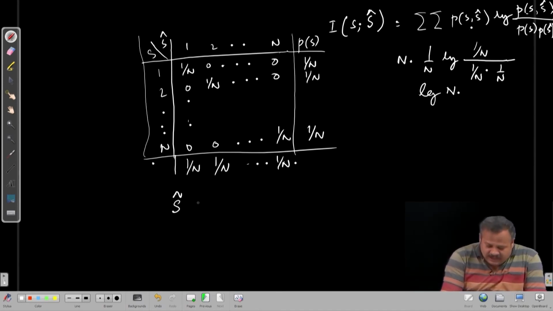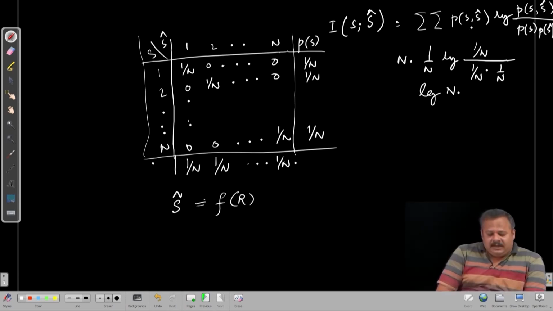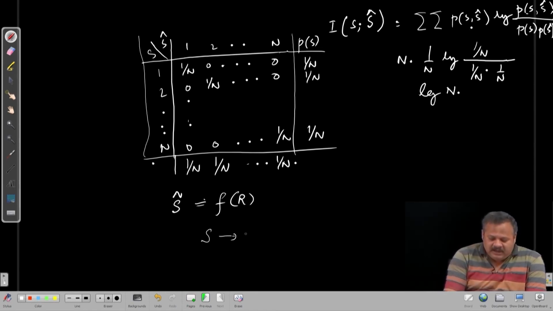S hat is nothing but a function of the response. That is, from our S we are getting a response, and from the response, by making a function of the response, we are getting S hat.